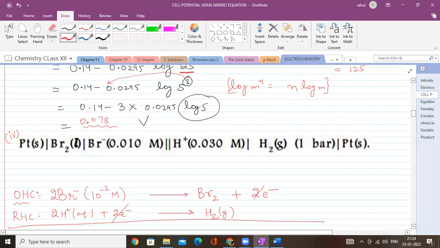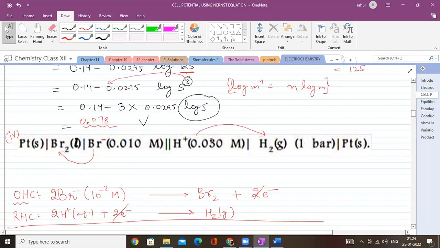This question is not incorrect as such. The only point that we have to take care of is that here the bromide will be converted into bromine, because as we know, on the left hand side we always have oxidation, and on the right hand side we always have reduction.